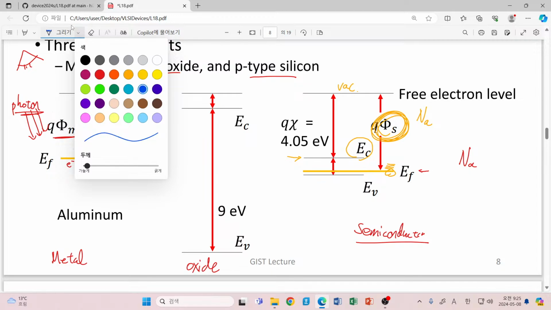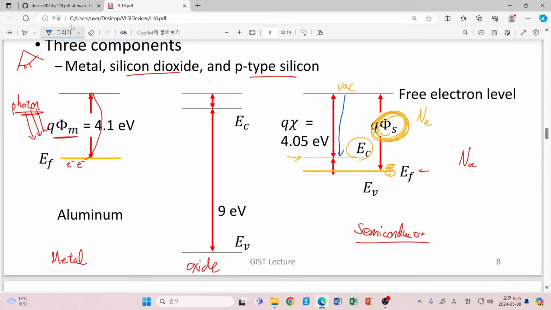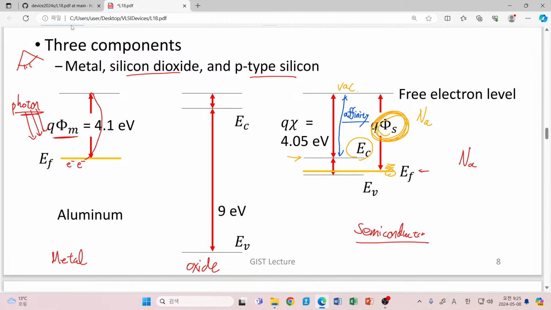Instead of a work function, we call it the affinity. This affinity is nothing but the difference between the vacuum level and the conduction band. So simply speaking, the affinity is given as vacuum level minus EC. That is the simple expression for affinity.